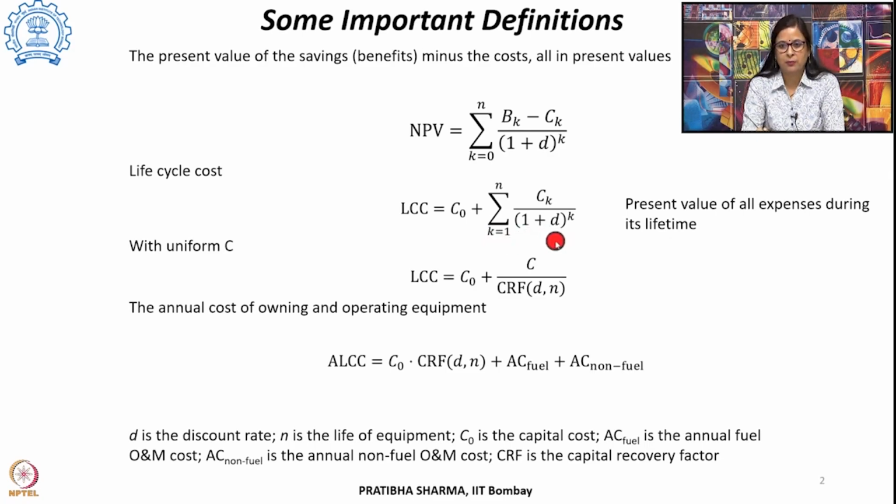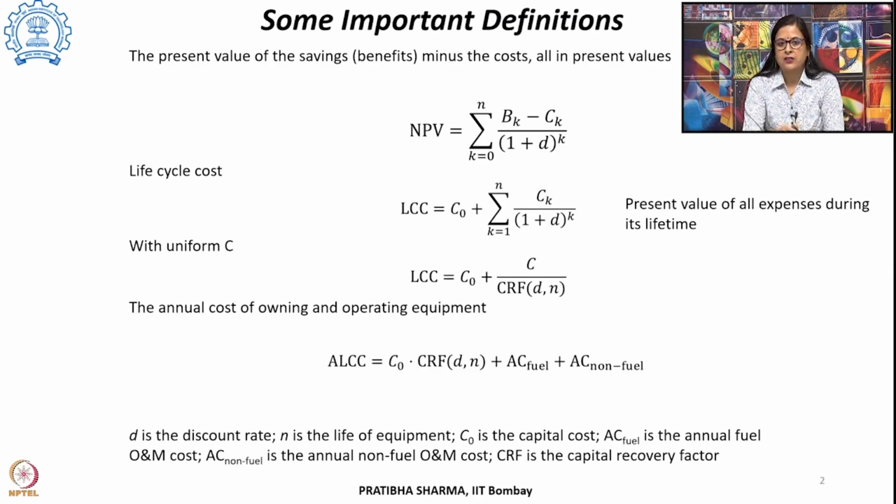So, this is the present value of all the expenses during its lifetime, to which we have added the initial investment. Now, if these expenses remain constant over years, for this uniform C, we can write the life cycle cost as the initial investment plus expenses over the capital recovery factor, which depends upon both the discount rate and the years.